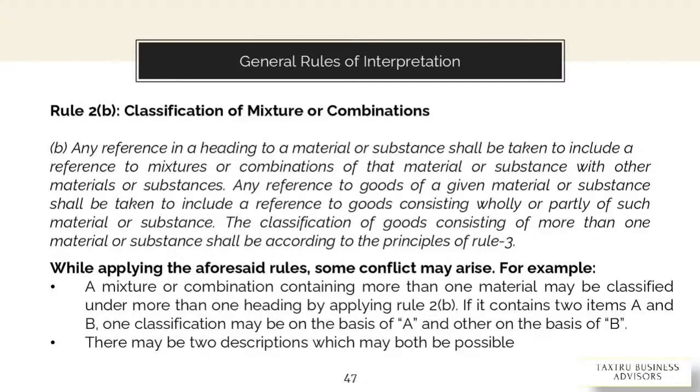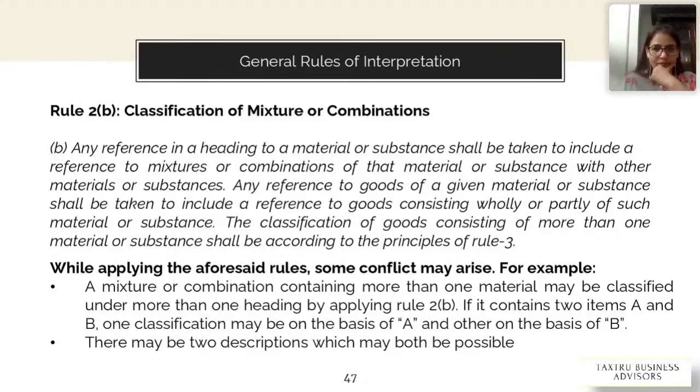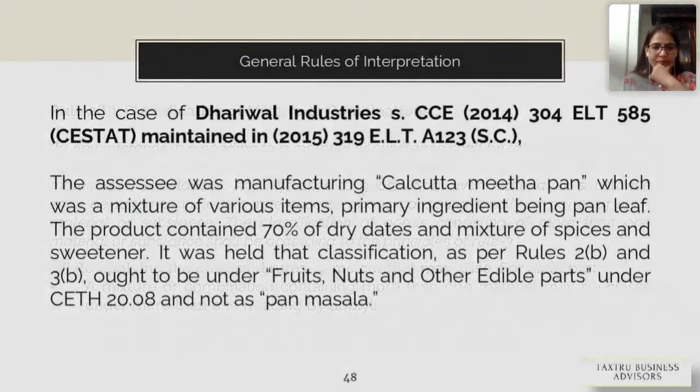Now there is a problem, and I would say there is a conflict when we talk about this rule: if a mixture or combination contains more than one material, there will always be confusion regarding which classification it should be included in. Apart from that, two descriptions may also be possible.